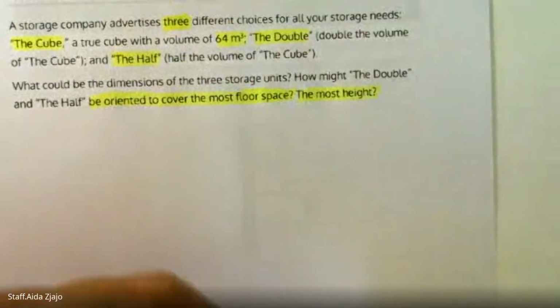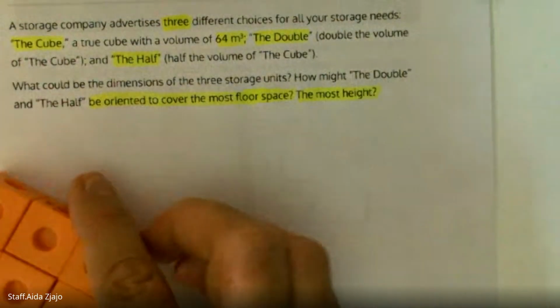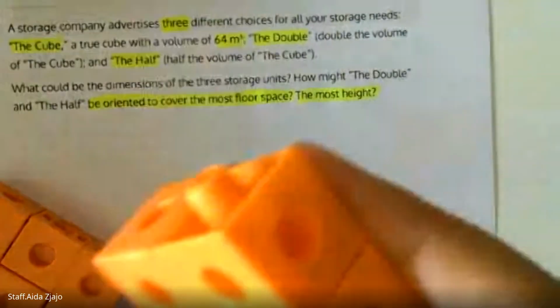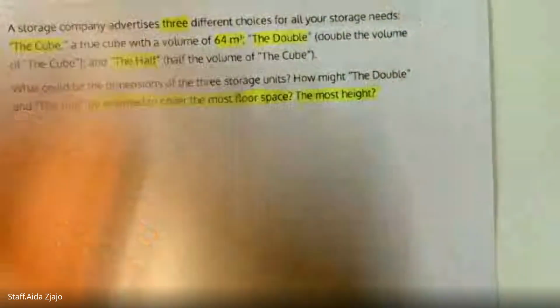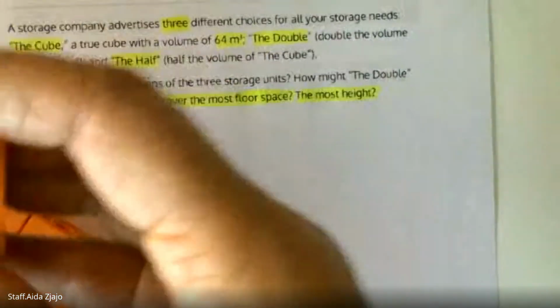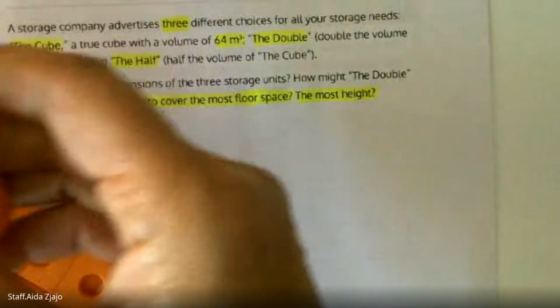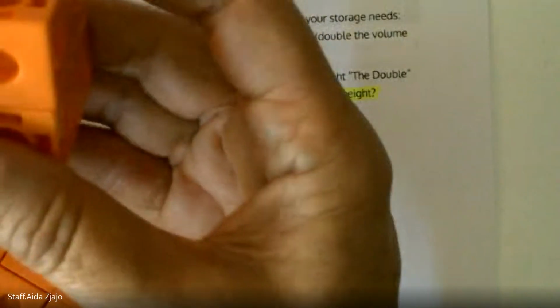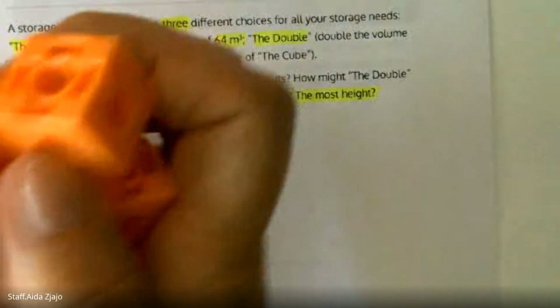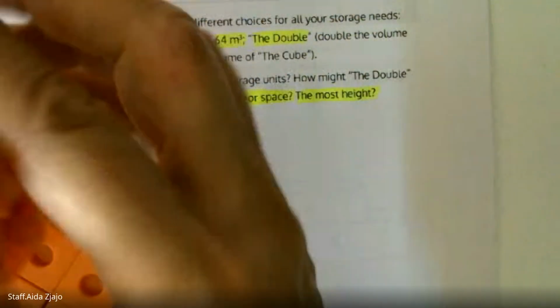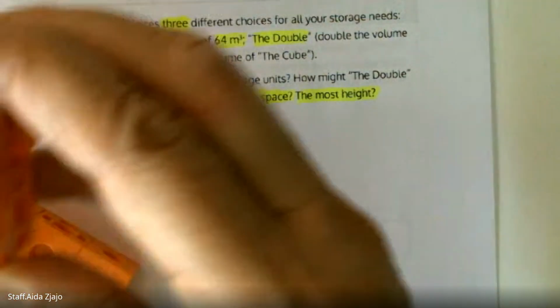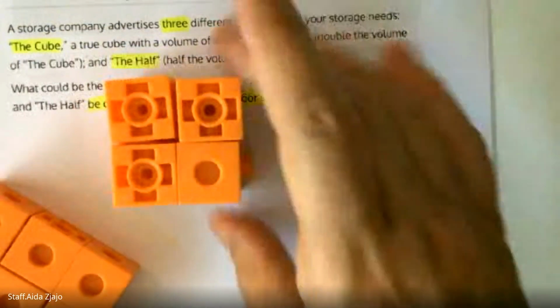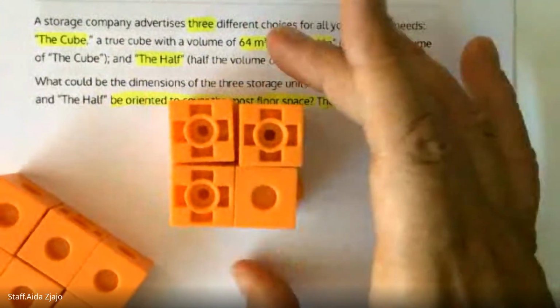This is not a cube, but you could think of this. I'm going to create the cube just for the purpose of work here. Okay, so let's see how much space it uses.